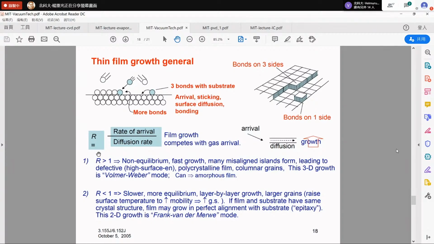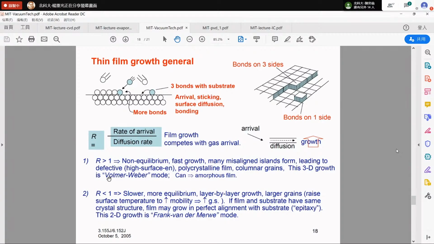In the case R greater than 1, it is non-equilibrium, and the fast growth may misalign islands, leading to defects. This is where gas arrival is larger than the diffusion rate, which always leads to defect sites, like a polycrystalline film with columnar grains.